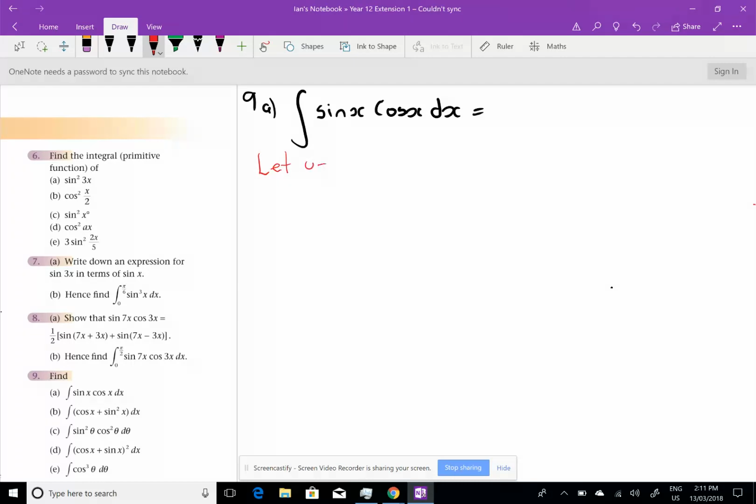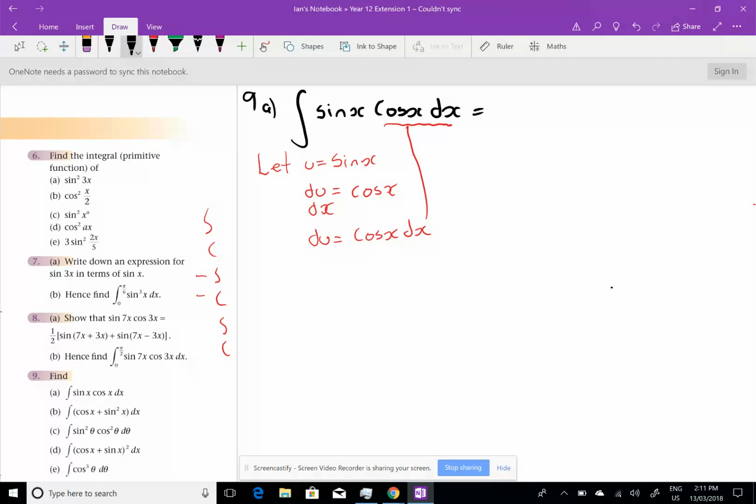So we're going to let u equal sine x, therefore du dx equals cos x. Remember, sine, cos, minus, minus. Therefore du equals cos x dx, and I'm going to put that in there.